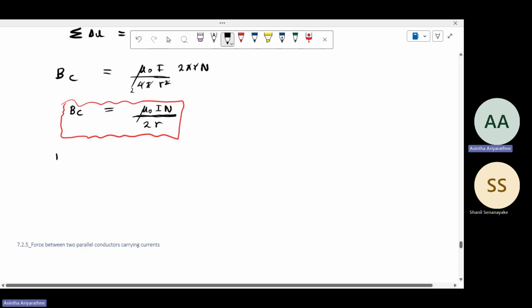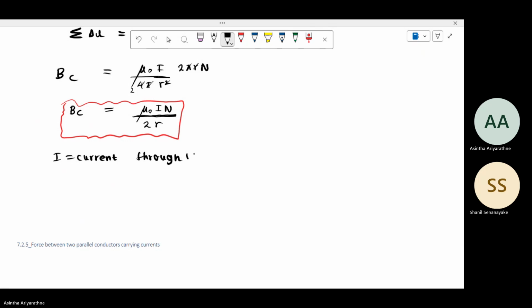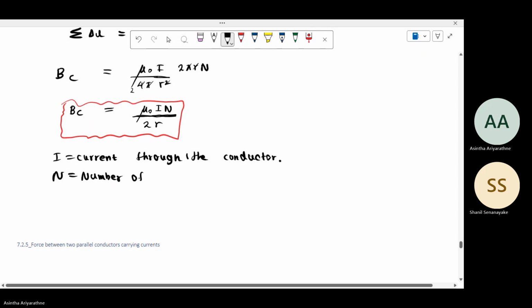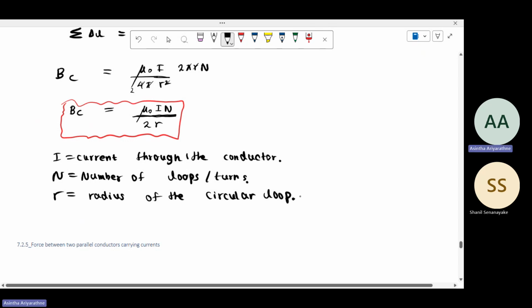So I is the current through the conductor, N is the number of loops or turns, r is the radius of the circular coil.